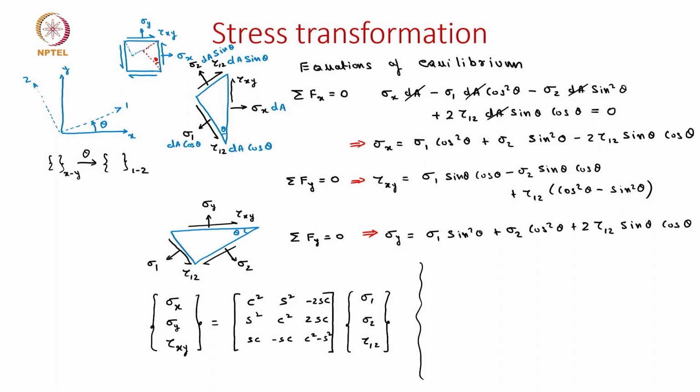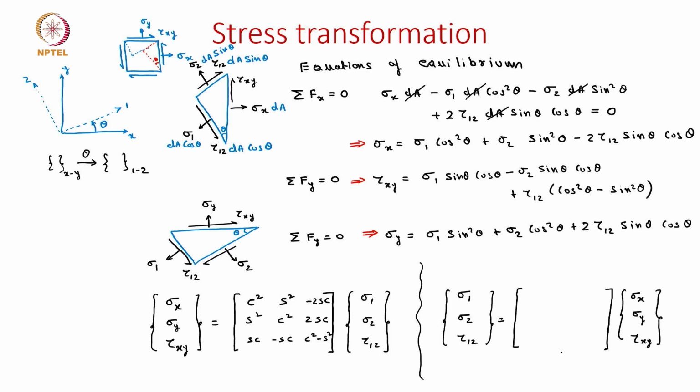For that we need to inverse this matrix. Once we inverse this matrix, we should be able to show this as sigma 1, sigma 2, tau 12 is written in terms of a 3 by 3 matrix times the stresses in the body coordinates, which are the sigma x, sigma y, tau xy. But how do we get this 3 by 3 matrix?